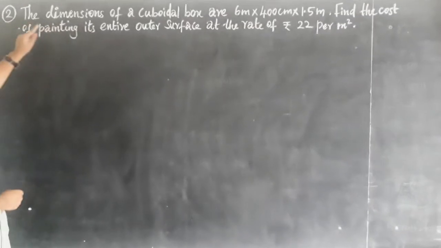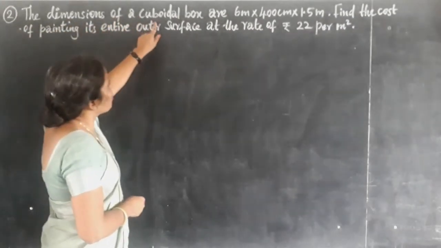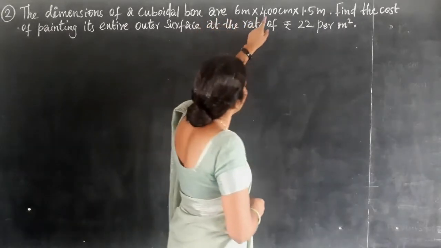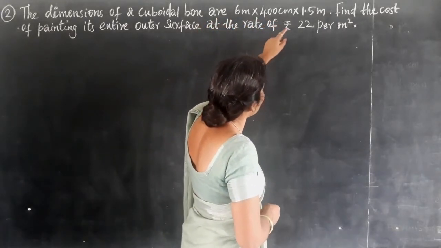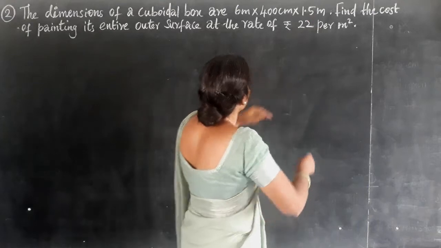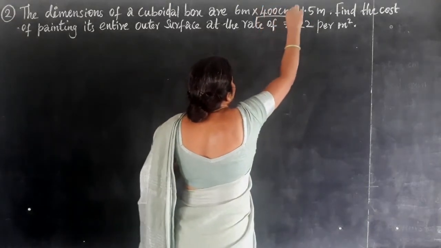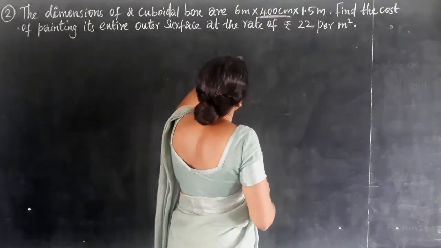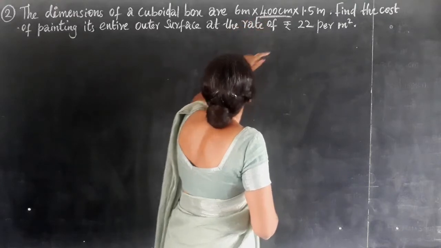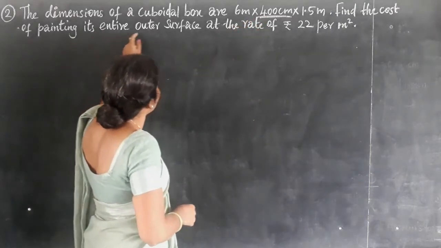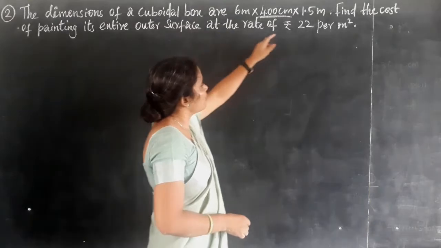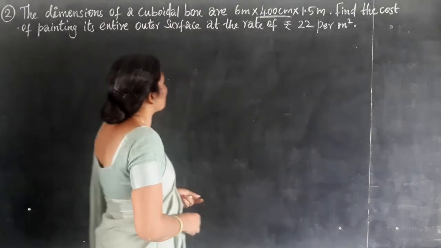Question number 2. The dimensions of a cuboidal box are 6 meter into 400 centimeter into 1.5 meter. Here you can see 400 centimeter, so the units are different. Find the cost of painting its entire outer surface at the rate of rupees 22 per meter square.